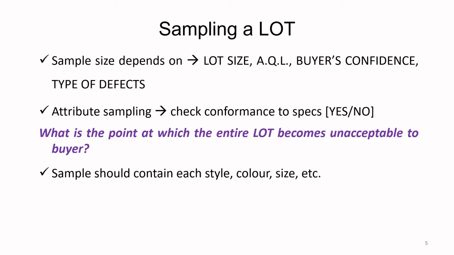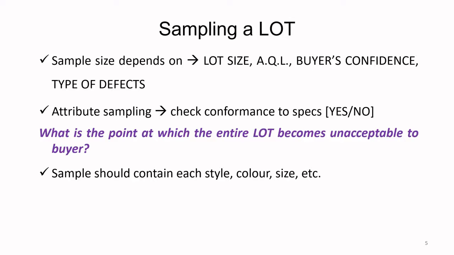Now, one thumb rule is that if you are taking out samples, how many pieces have to be taken out? That will be seen through the statistical table, which we will see in the subsequent slide. But another thing is that when you are taking out samples for inspection, let's say there was this order of 5,000 pieces of that blouse. We saw the blue blouse. Now, let's say there are 3 colors and there are 3 sizes.